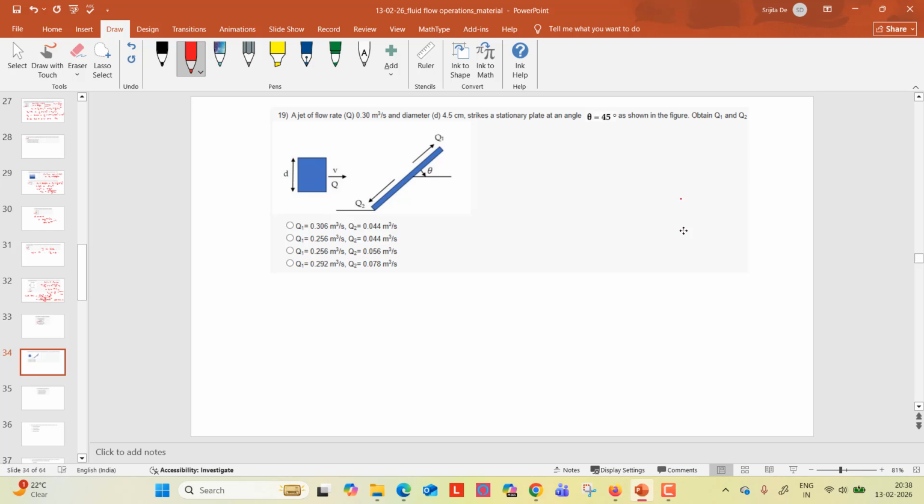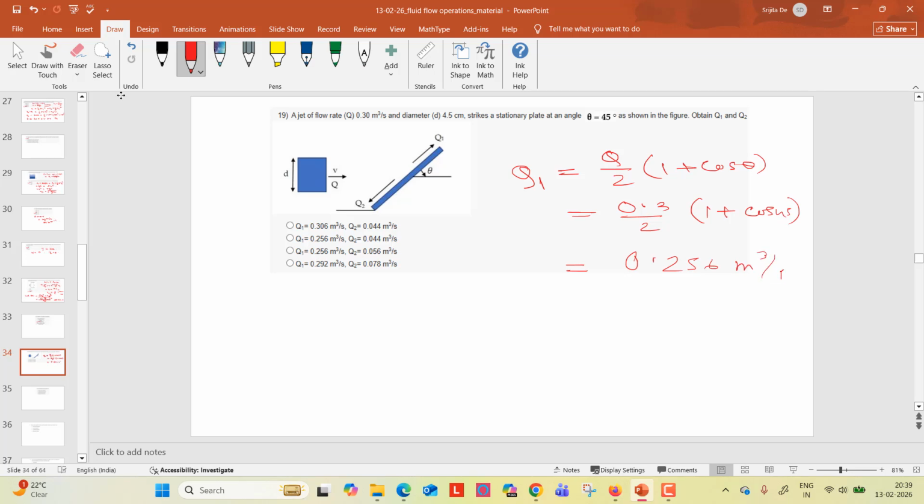From the well established equation, Q1 equals Q by 2 times 1 plus cos theta, which is 0.3 by 2 times 1 plus cos 45, basically. So it is 0.256 meter cube per second.